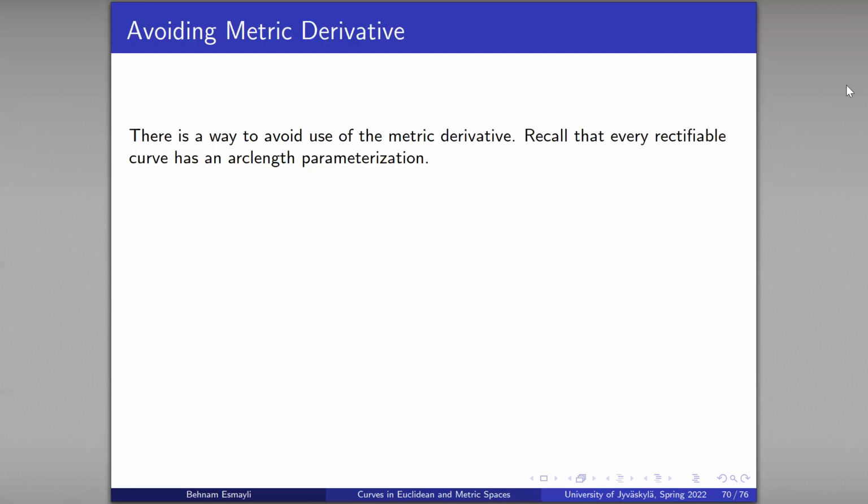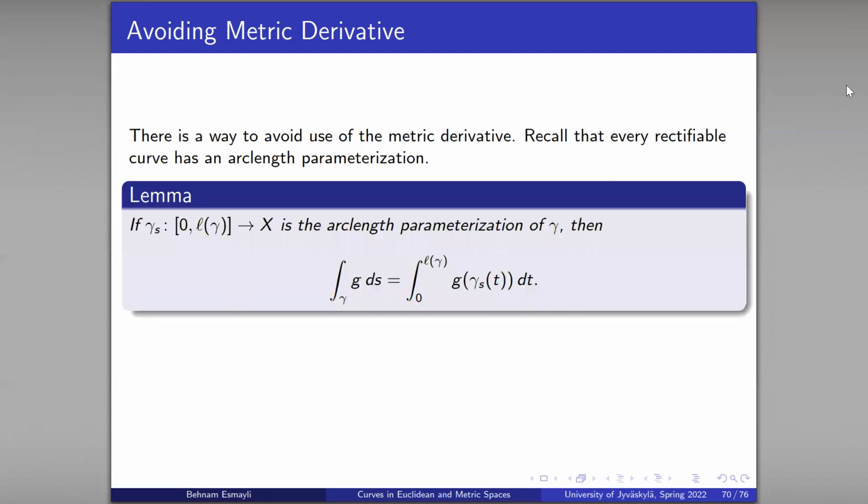If you don't like to see this notion of speed or metric derivative involved, there is a way to avoid that. If you have a rectifiable curve, we can always reparameterize it by arc length. That was probably our second video. And if gamma subscript s, so this s is not like this ds, it's just a coincidence. So gamma s, if gamma s is the arc length parameterization of some curve, then the line integral we defined previously can be also computed through this quantity.